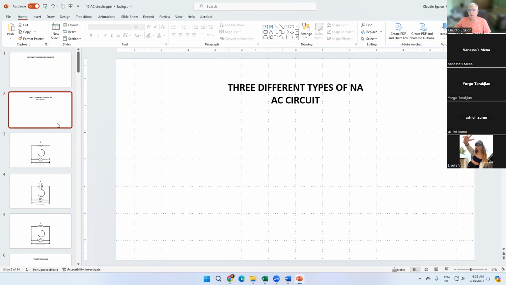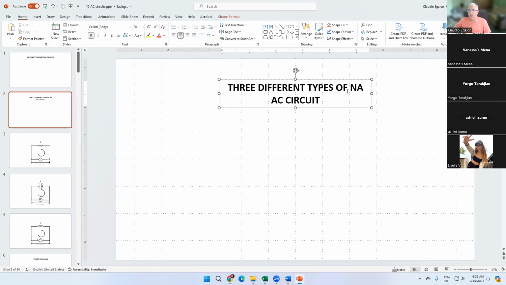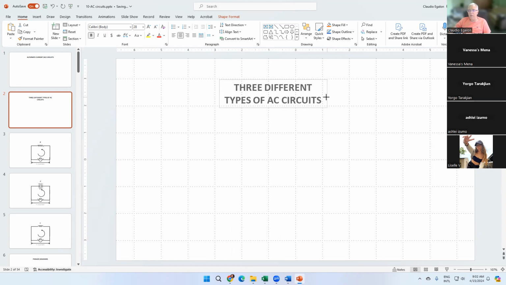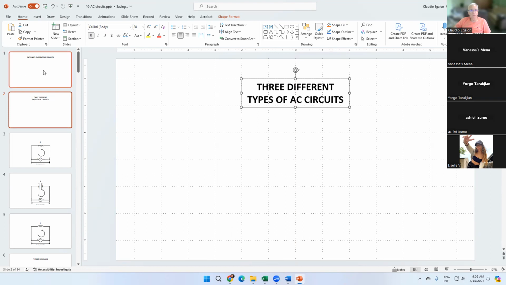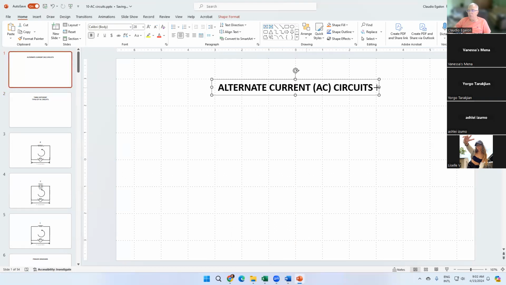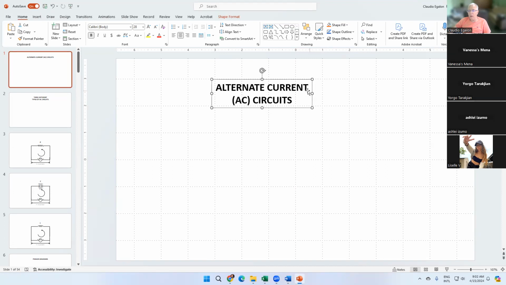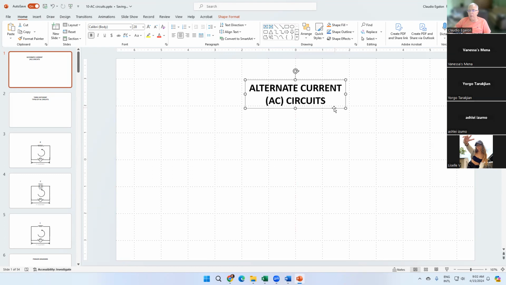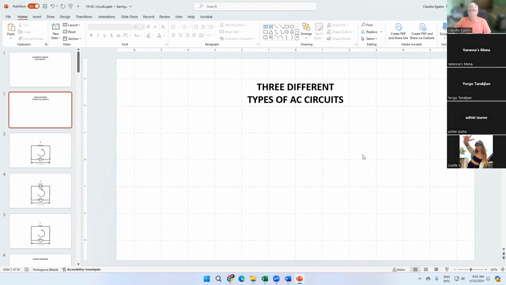Okay, so here you go, 3 different types of AC circuit. Alternate, here you go. All right.